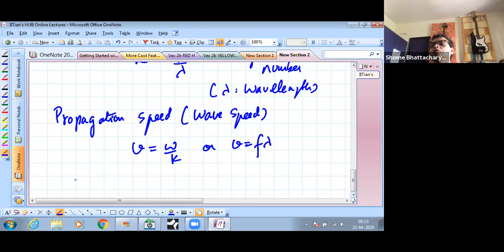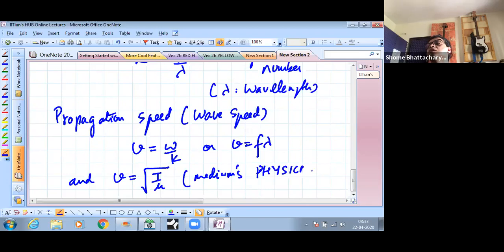But also the wave speed depends on the medium properties, and that is the square root of T by mu. So it actually depends on the medium's physical properties. So this is something very important to remember, that the wave speed is not determined by the source.